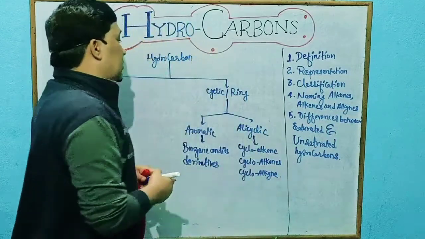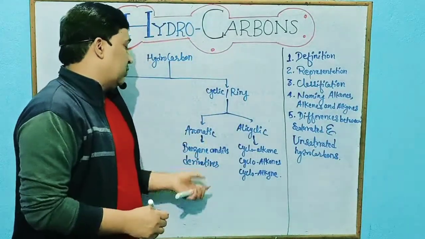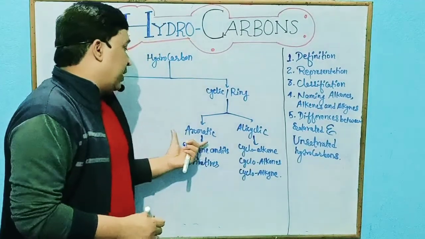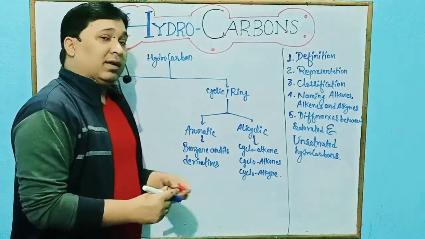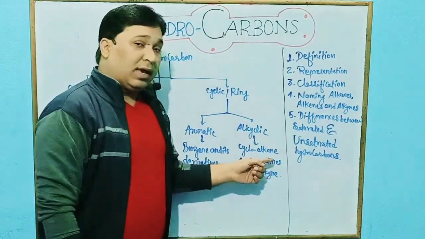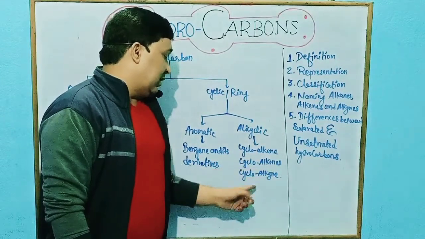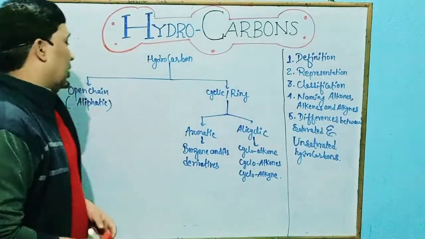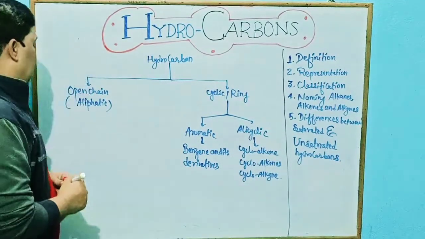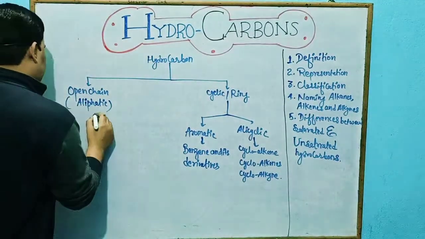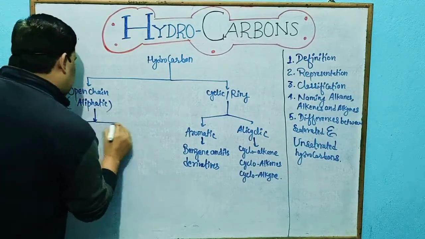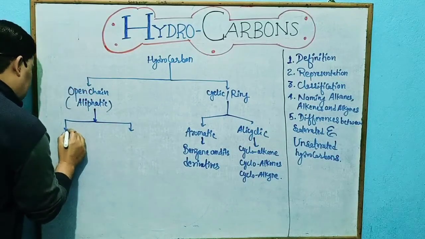So, in the cyclic or ring branch, we study aromatic compounds and alicyclic compounds. Aromatic compounds are basically benzene and its derivatives. In alicyclic, we study cycloalkanes, cycloalkenes, and cycloalkynes. Now, coming to the open chain, that is aliphatic hydrocarbon, it is further classified as saturated and unsaturated hydrocarbons.